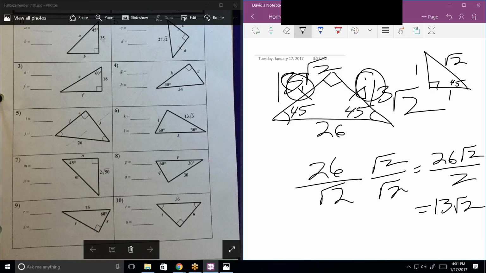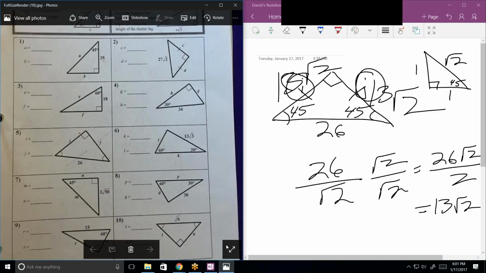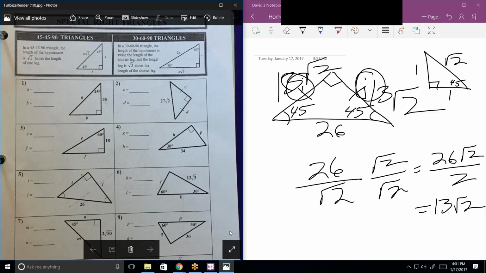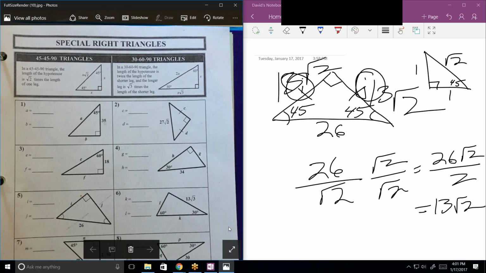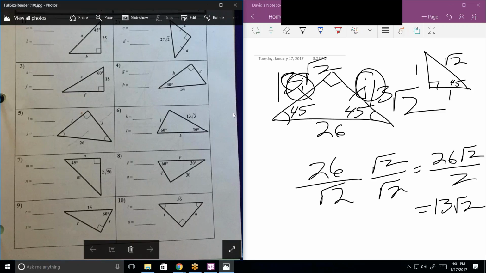In other words, it is worth noting that on this page of problems, you do not use the Pythagorean theorem on any of them. You use the similarity ratio, right? Well, as soon as it's not one of these two special triangles, you're going to be using the Pythagorean theorem. So it's good to know how to do both.